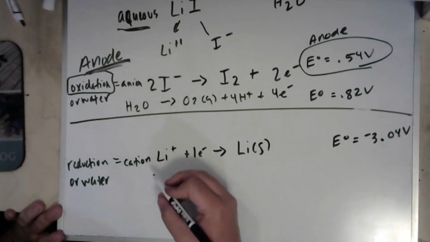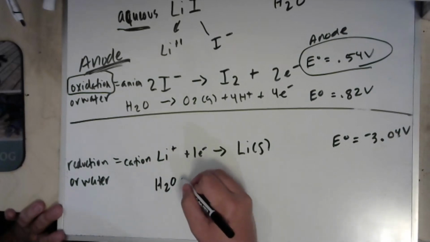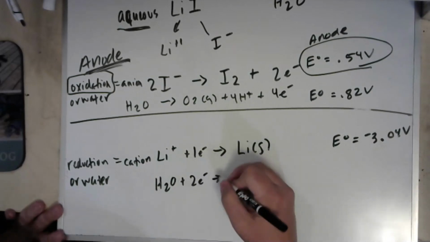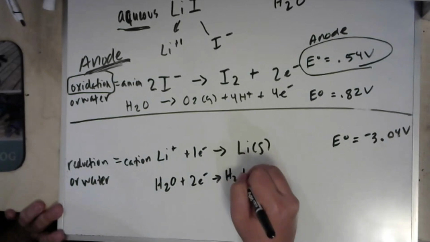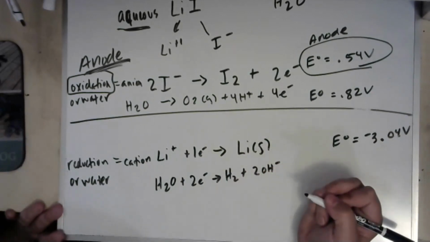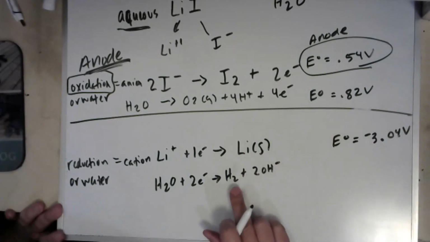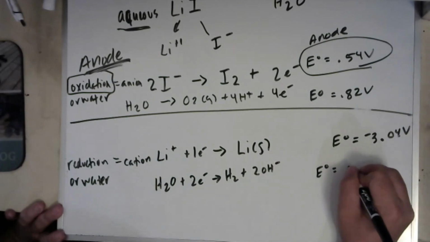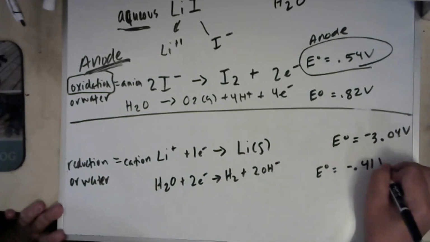If you look at our table and find the reaction where water is being reduced, it's H2O plus 2 electrons yields H2 gas plus 2 OH minus. And we see that the reduction potential value for this is going to be negative 0.41 volts.